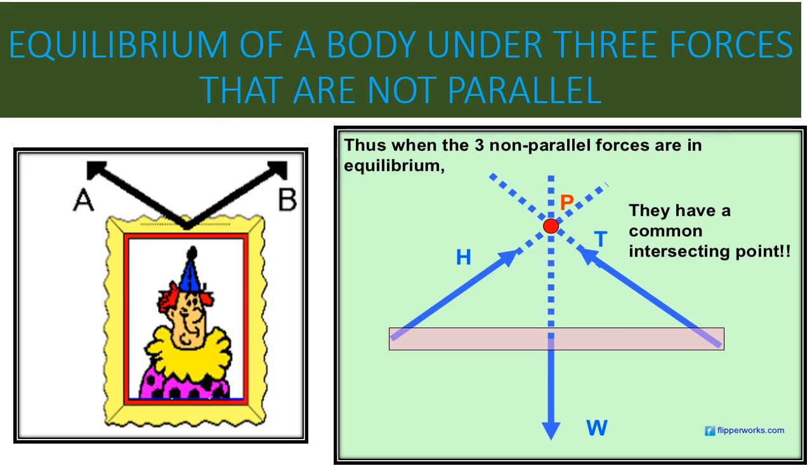At that common point, the resultant force of those two forces is acting upwards. This force should be equal to the weight of the picture, which is acting downwards. If those two forces are equal, this picture is going to be in equilibrium.